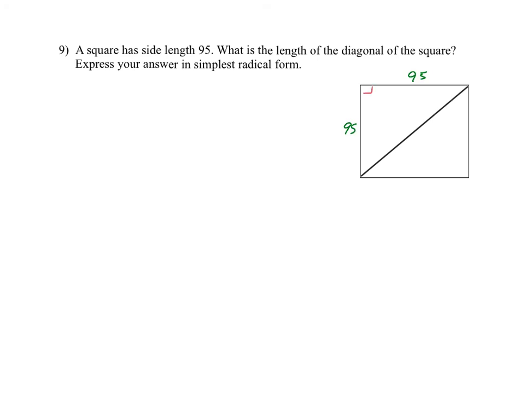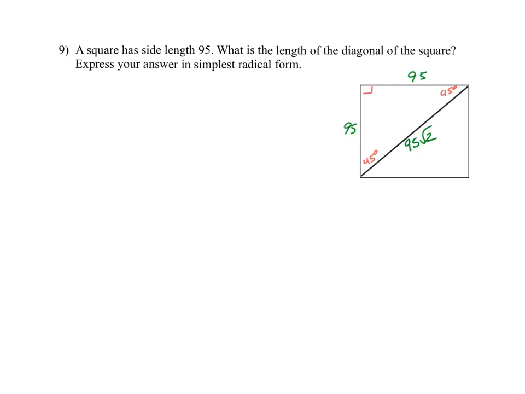As you know, each diagonal bisects a pair of opposite angles. So that means that it forms two 45-45-90 triangles. So my hypotenuse is 95 times the square root of 2. Why?